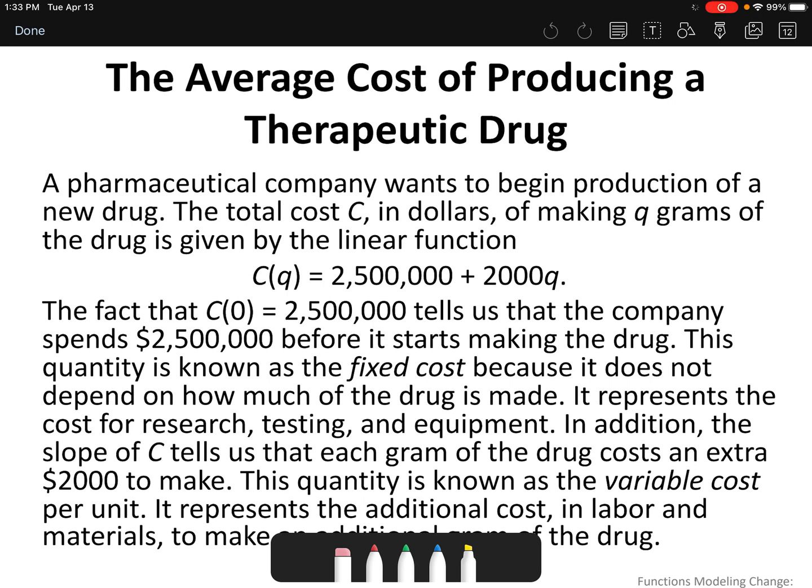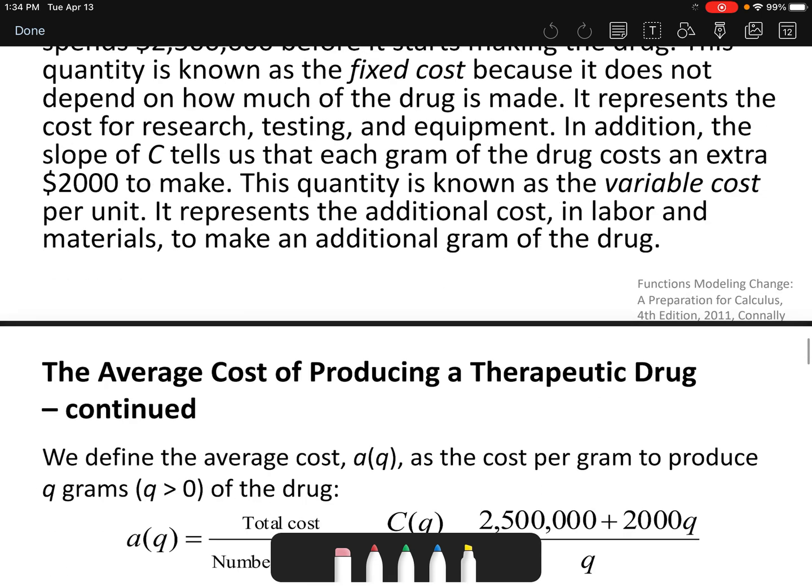This is a cost equation where the cost of research, development, production is $2.5 million, and it costs $2,000 per gram to produce. Now, this looks overwhelming. It's like, how could I ever afford that?